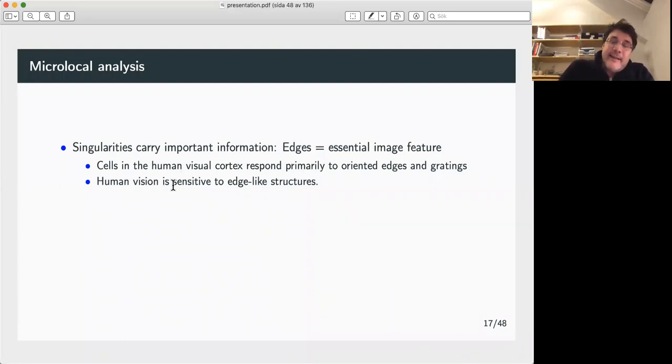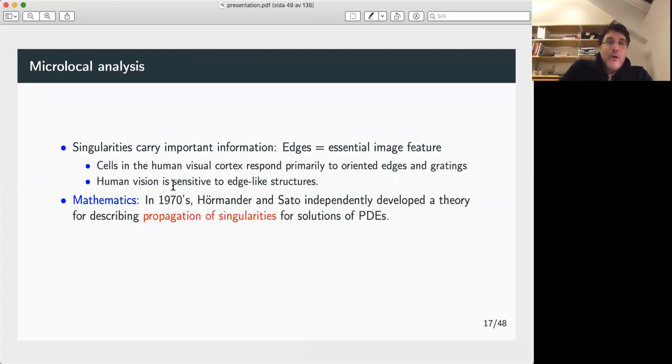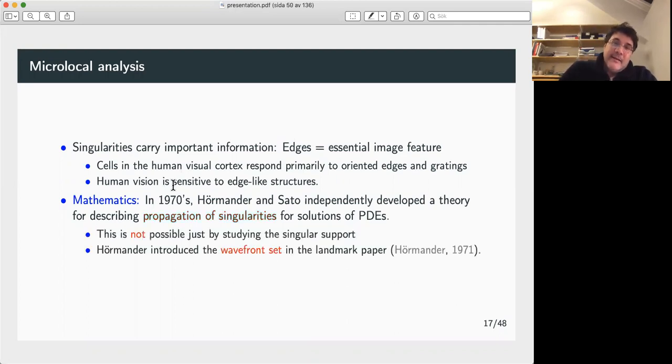Now, leaving aside the biological and application motivation, also from the mathematics point of view, singularities are of interest. So already in the 70s, people were interested in how singularities would propagate when you solve PDEs, for example. And there it turns out that to be able to understand that, it's not possible to just study where the singularities are located, which means that it's not enough to know the singular support.